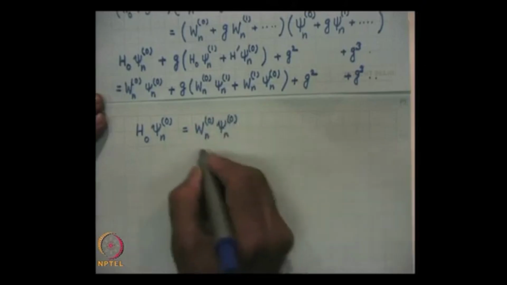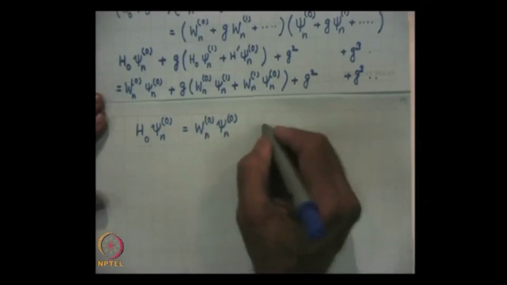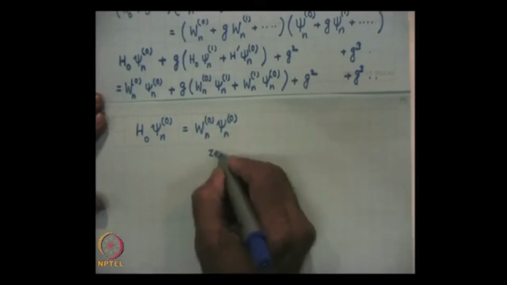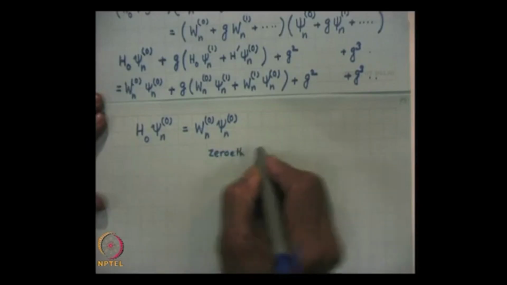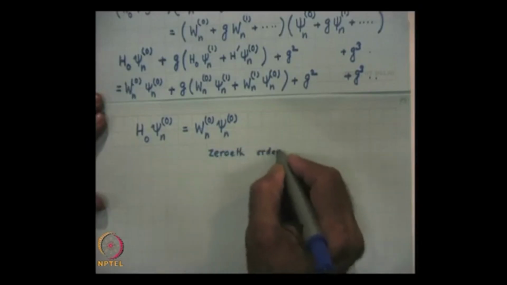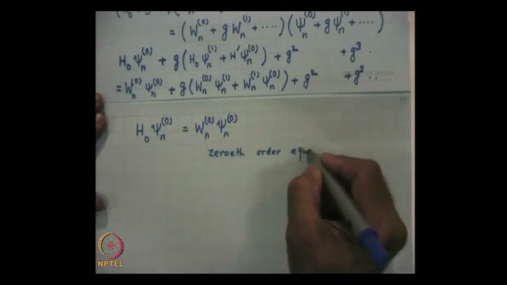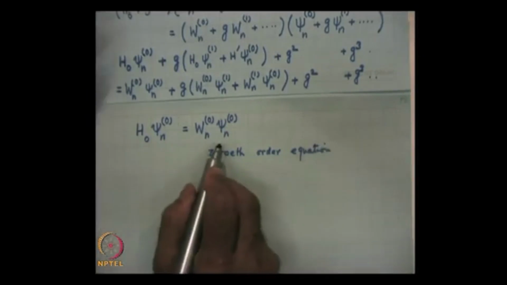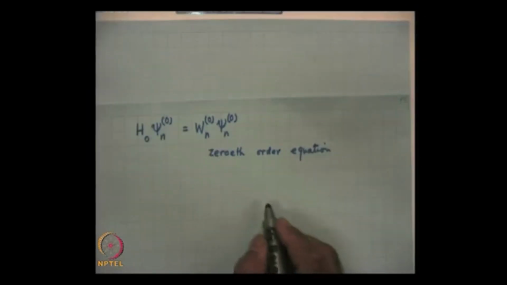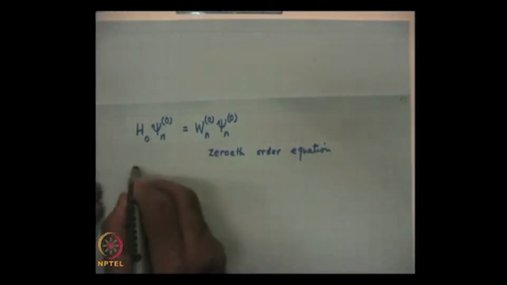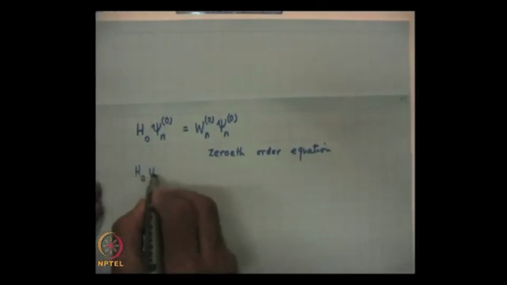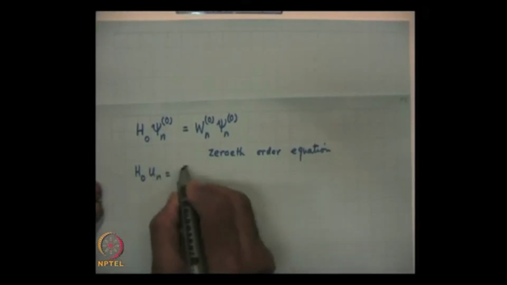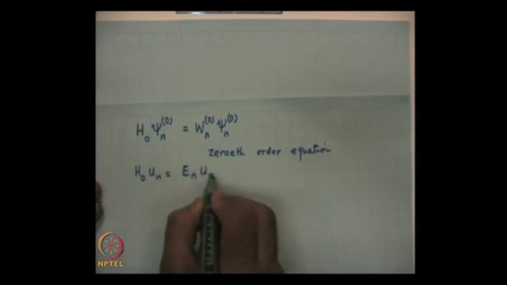This is the 0th order equation, and this is the same eigenvalue equation as for H naught, because for H naught we wrote H naught u n is equal to E n u n.